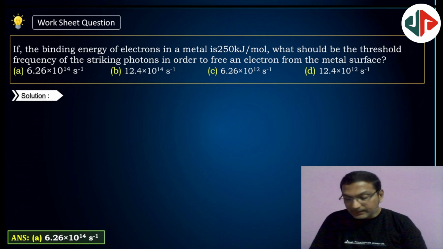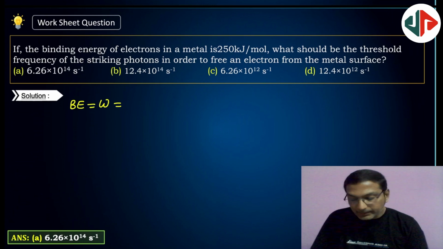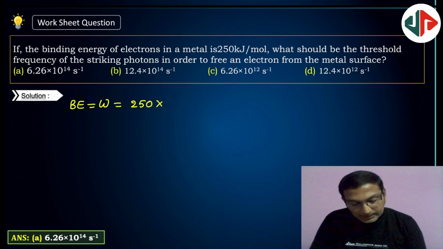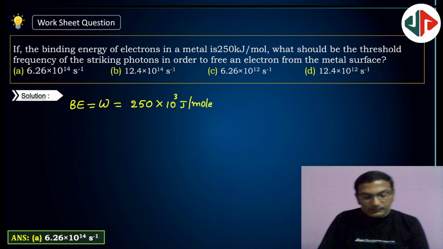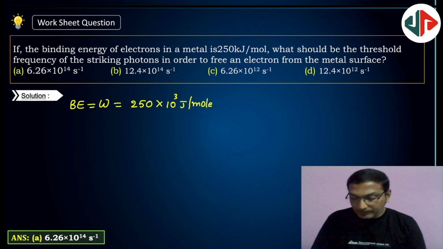Here, what is given? Binding energy is given. You can take binding energy as work function W, 250 into 10 cube joules per mole. For 1 mole of electrons, binding energy will be 250 into 10 cube joules.